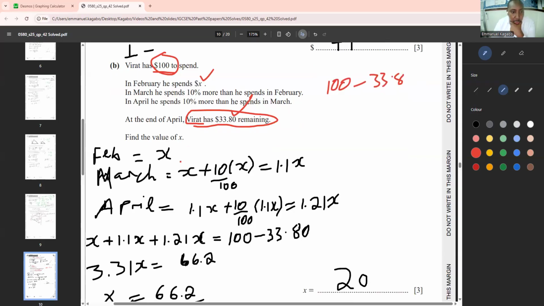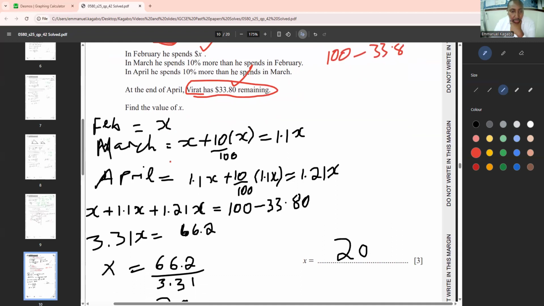So he spent X in Feb. In March, he spent X plus 10% more. Have you seen what I've done? He spent 10% more than what he spent in Feb.